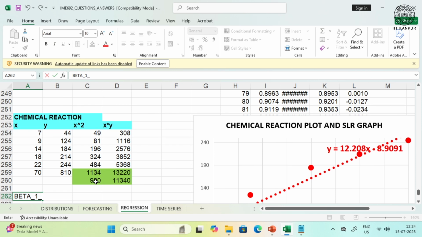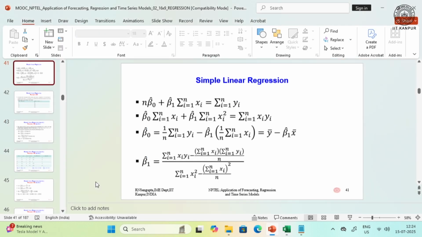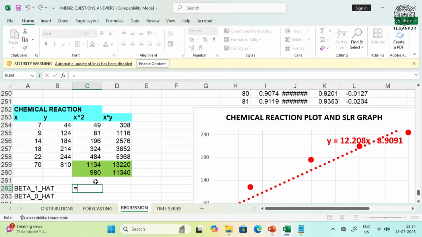Now we will be utilizing these to find out beta 1 hat, and we will use beta naught hat. I will write these values here. Beta 1 hat is equal to the summation of xi into yi. Let me double check.